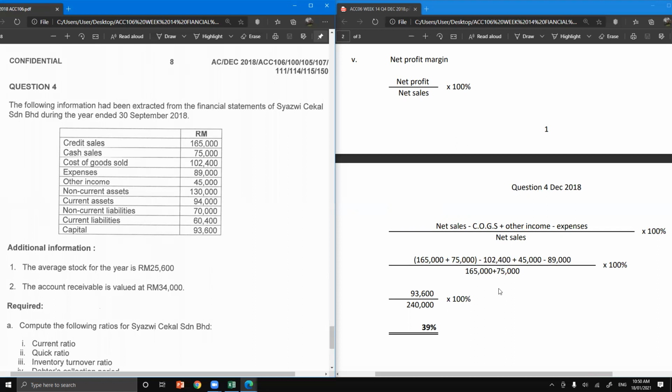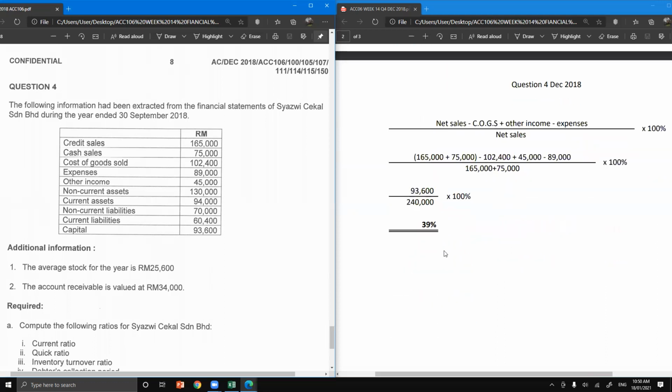Since net sale is not there, we can use the total sale, which is equal to credit sale plus cash sale, 165,000 ringgit plus 75,000 ringgit, and then you times it by 100%. So you will get 93,600 divided by 240,000 times 100%. The answer for net profit margin is 39%.